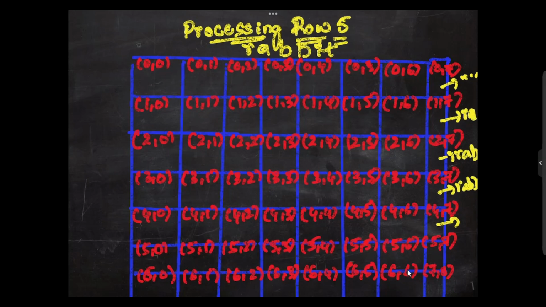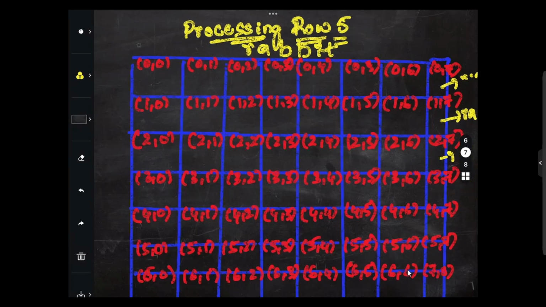Oh, this has to be R only, so just give me a second here, I got confused here. So just give me a second here. Yeah, this has to be here. What happened to this one?